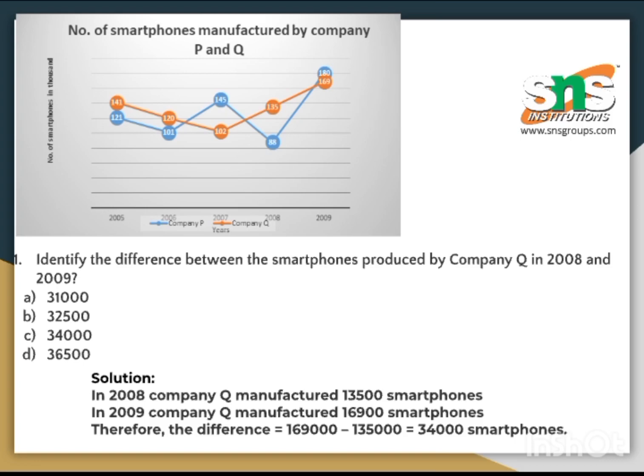Most of these problems will have us find the average or difference, or the percentage increase or decrease. So the difference will be 169,000 minus 135,000, which is equal to 34,000 smartphones. So the right answer is 34,000, that is option C.